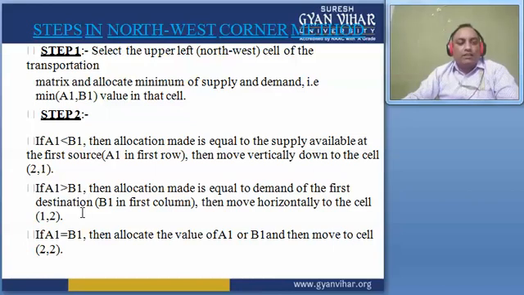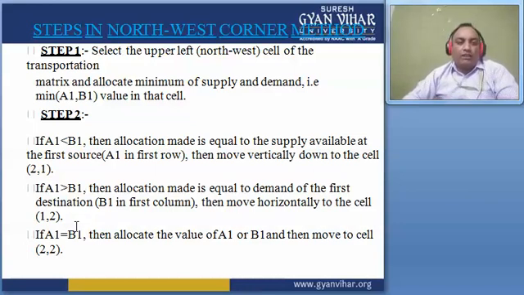If A1 is greater than B1, then the allocation made is equal to the demand of the first destination, and B1 is the first column. Then move horizontally to cell 1,2.